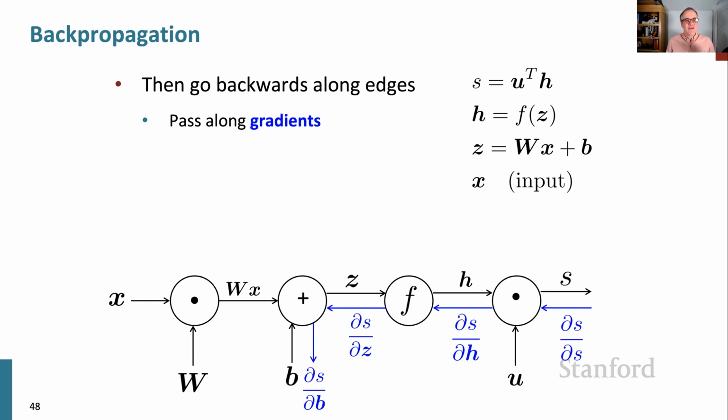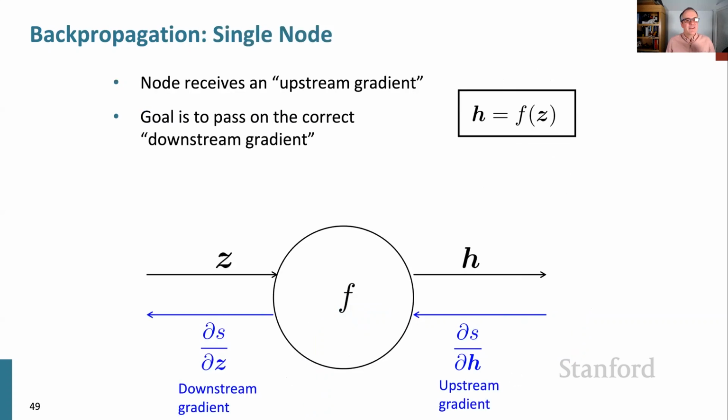Let's work through again a few of these cases. The general situation is we have a particular node, where some kind of operation like multiplication or a nonlinearity happens.